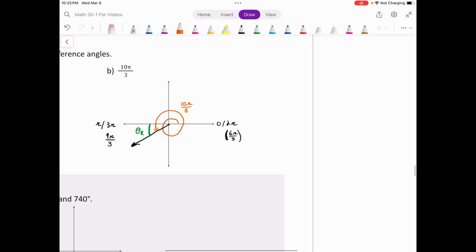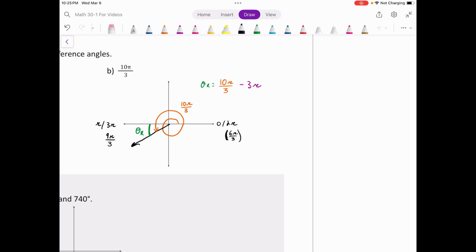We can show that with the math here as well. Let's say we have 10/3 pi, 10 pi over 3. If we take away all this stuff, we'll be left with the reference angle. And that is 1.5 full rotations, right? It's 2 pi and then another full pi, so 3 pi. 10 pi over 3 minus 3 pi is our reference angle.